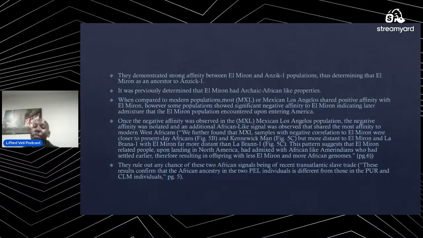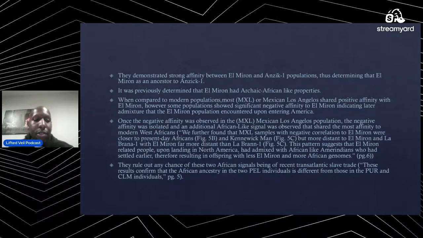Again, this is on page 6. So we already know that El Moran is ancient. All right. It's saying that this signal entered. The signal was already present before this El Moran population entered the Americas, based on their model and theory.